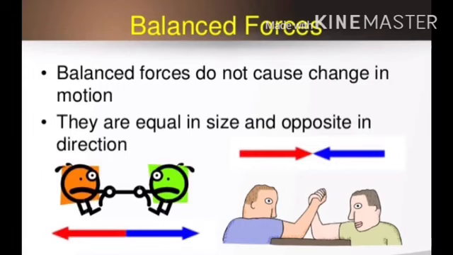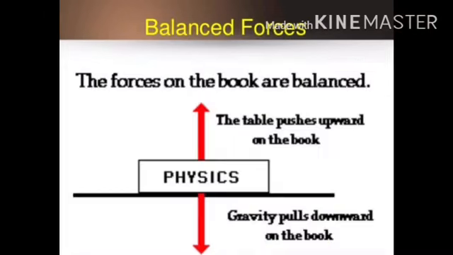In other words, when the resultant of all the forces acting on a body is zero, the forces are said to be balanced forces. The balanced forces cannot set any stationary body into motion, cannot change the speed or velocity of the moving body, but may change the shape or size of a soft object.